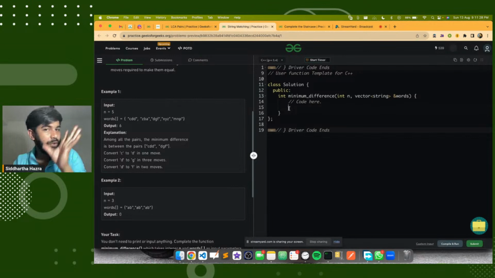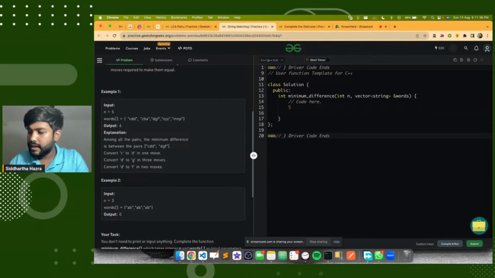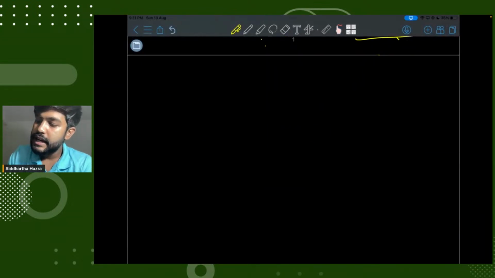This is the first thing that would pop in your mind. Let's say I have 5 indexes. The very first thing that pops into my mind is, let's say there are 3 strings, S1, S2 and S3.